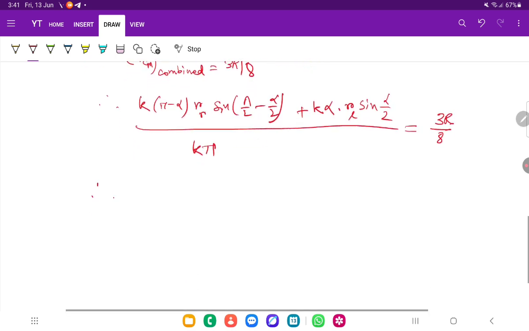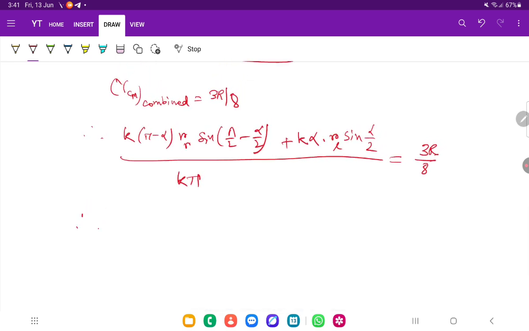Now it's just a calculation, so k gets cancelled, and we'll get (π − α)/π times RR cos(α/2) plus α times RL sine(α/2) equals 3R.